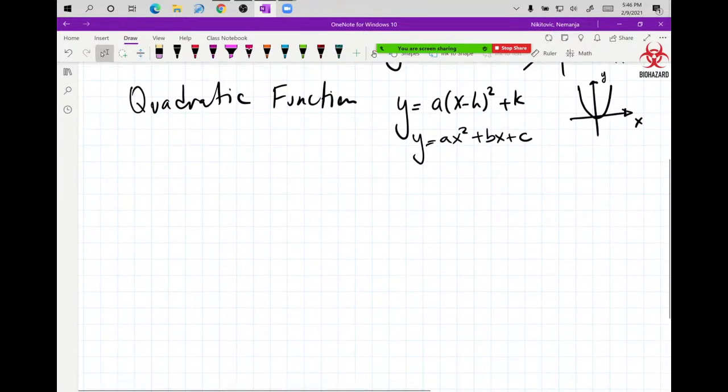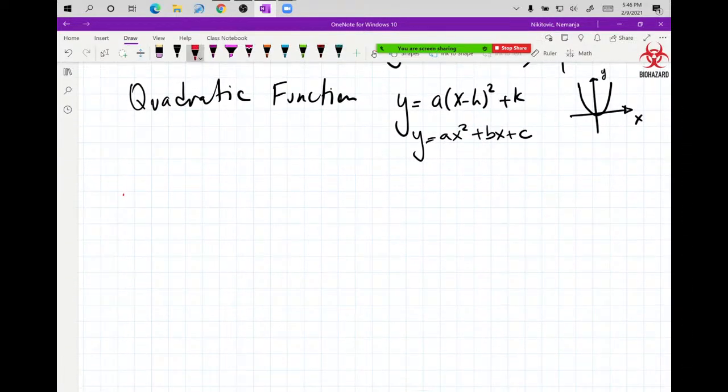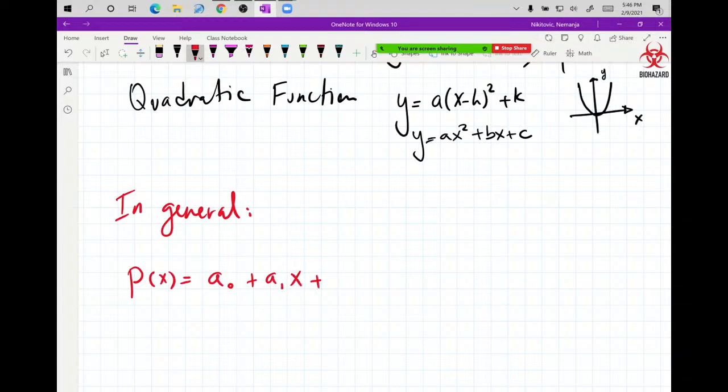All right, so in general, what do we have? A polynomial p of x is given by a0 plus a1 x plus a2 x squared plus a3 x cubed plus dot dot dot plus an x to the n.